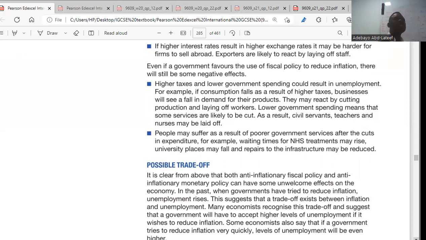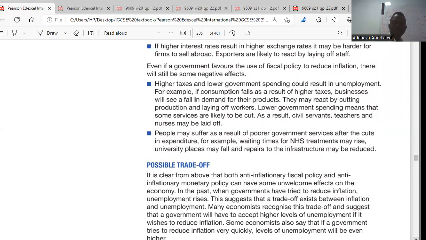That means waiting times for consumers will increase, which is not good for customers too. So the consequence of using policy to correct inflation has positive and negative implications. Any question about that?